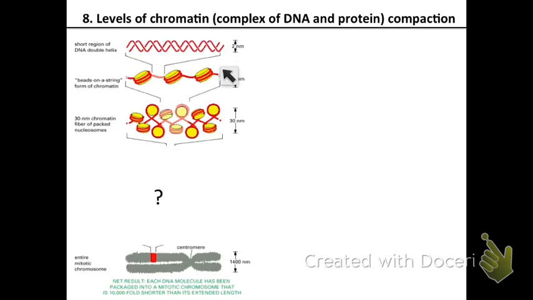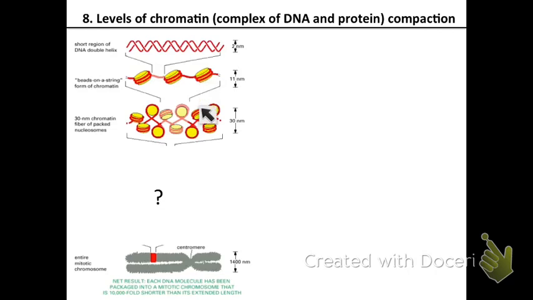The first level of organization comes by taking that DNA and wrapping it around a set of proteins called histones, forming structures called nucleosomes. This is what I mean when I say chromatin fiber, because this is basically a protein-DNA mixture that is kind of like a fiber, okay?